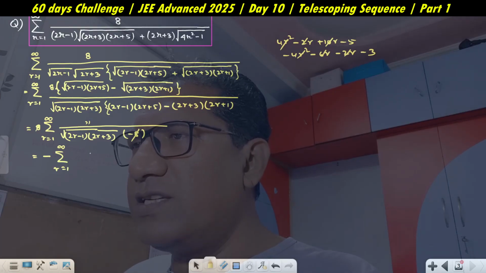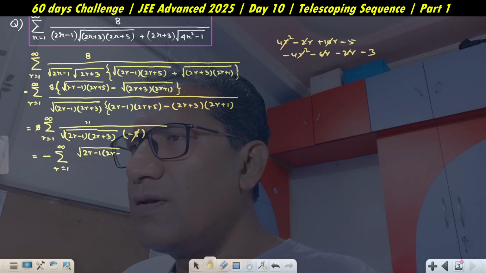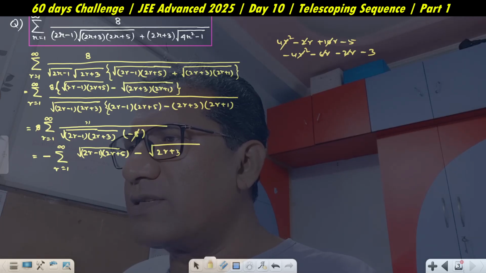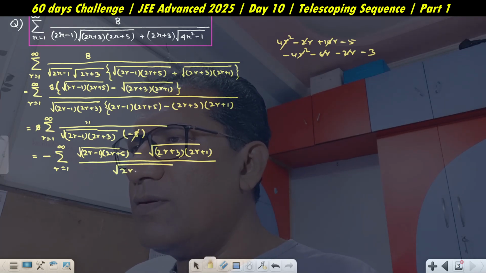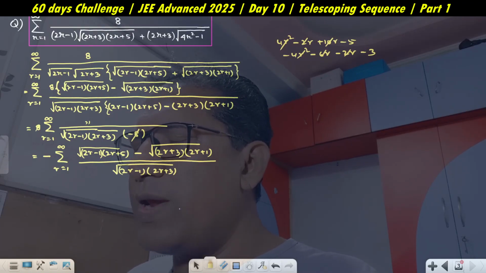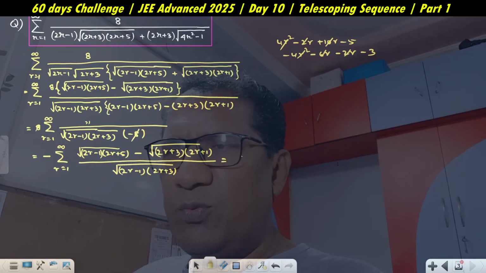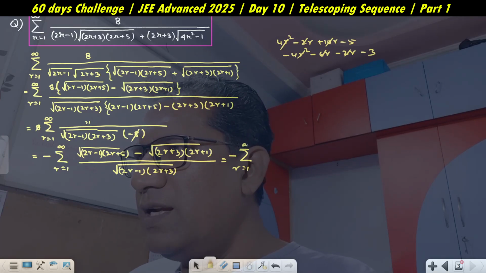sigma r is from 1 till infinity. The numerator thing is there. Root over of 2r plus 5 minus root over of 2r plus 3, 2r plus 1 whole divided by 2r minus 1 into 2r plus 3. And now if we separate, we are going to have sigma from 1 till infinity.